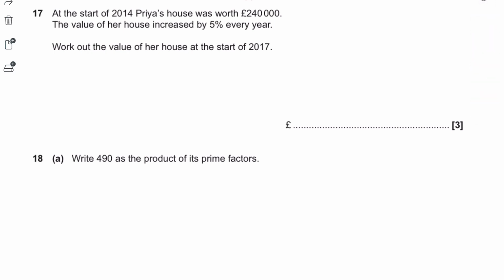At the start of 2014, Priya's house was worth 240,000. The value of a house increased by 5% every year. Work out the value of the house at the start of 2017. So here you wouldn't just do 5% times 3 equals 15%. As it's compound interest, this is what you would do.